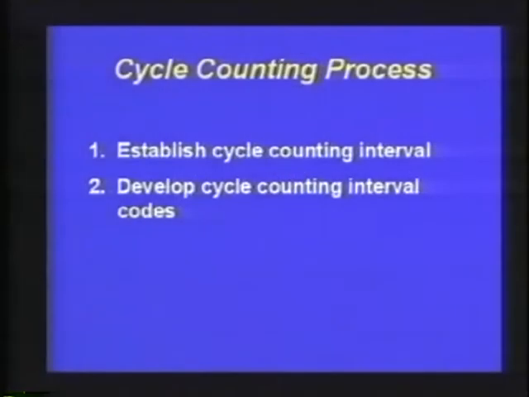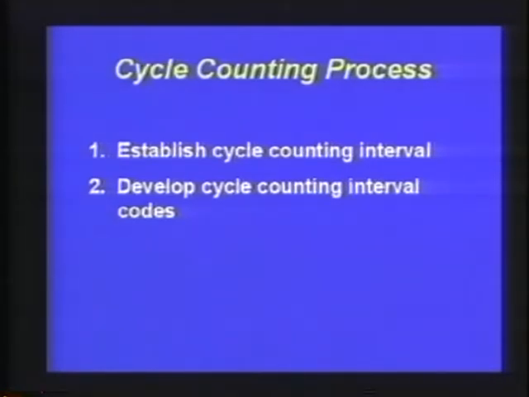That's over a year. The B items twice a year, and the C items once a year. Now when we go to step number 2, we're talking about the interval code. And as I said previously, that's the actual calendar date that the cycle count for that part number would appear on the cycle count form.